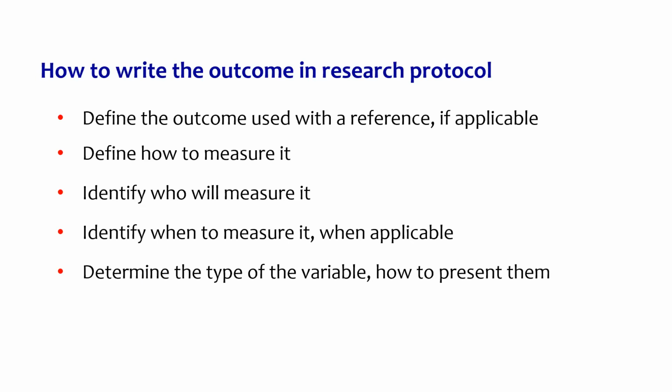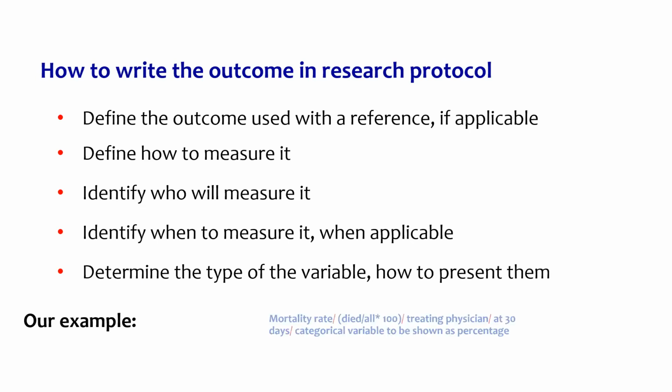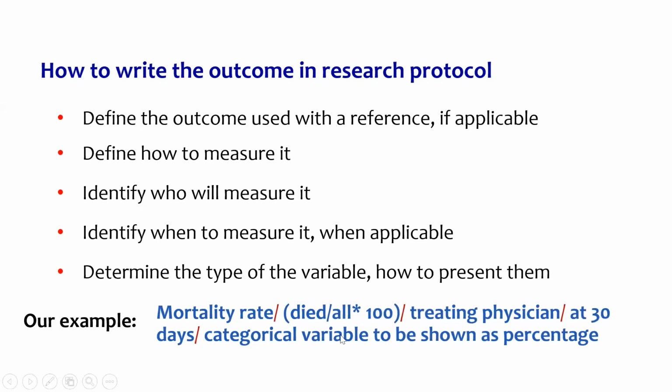Of course, we will talk about the type of variables and how to present it when we come to biostatistics next module. In our example, لازم نحدد إنه الoutcome مالتنا is the mortality rate, will be measured by measuring the number of died overall by 100, and the treating physician will determine the rate at 30 days.